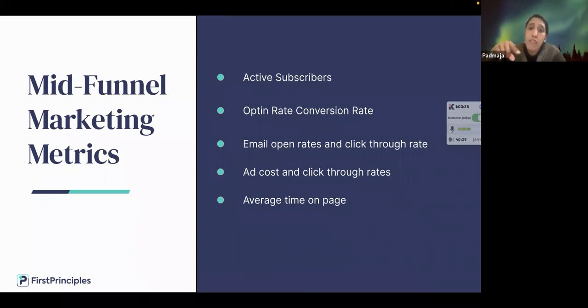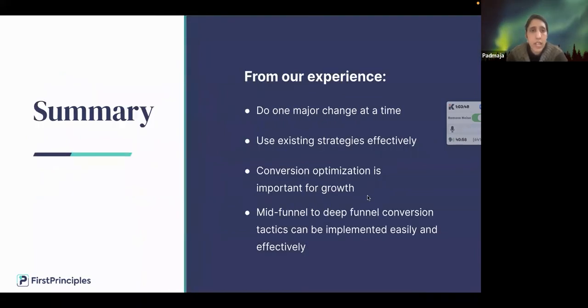Because if the average time on the page is high, that means you are engaging them. And once you have the engagement going, what do you do to increase the conversion rate, how do you grasp that customer or user and make sure they become a customer? So the average time on page becomes a big factor in a mid-funnel marketing tactic.